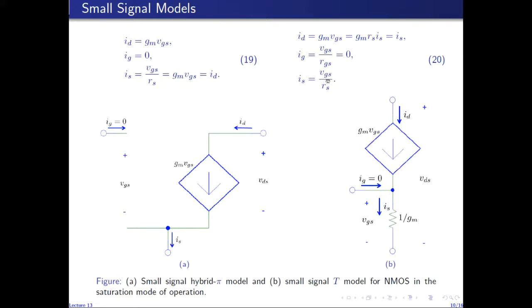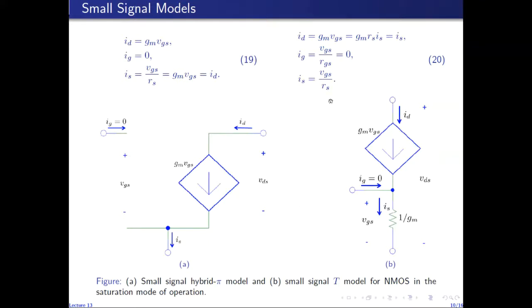So IS is GM VGS, or in other words, IS is VGS over RS. So RS is 1 over GM. So ID is equal to IS, which is given by VGS divided by 1 over GM, which is equal to VGS times GM. So this set of equations gives us this slightly different model, which we call the small signal T model of the device.